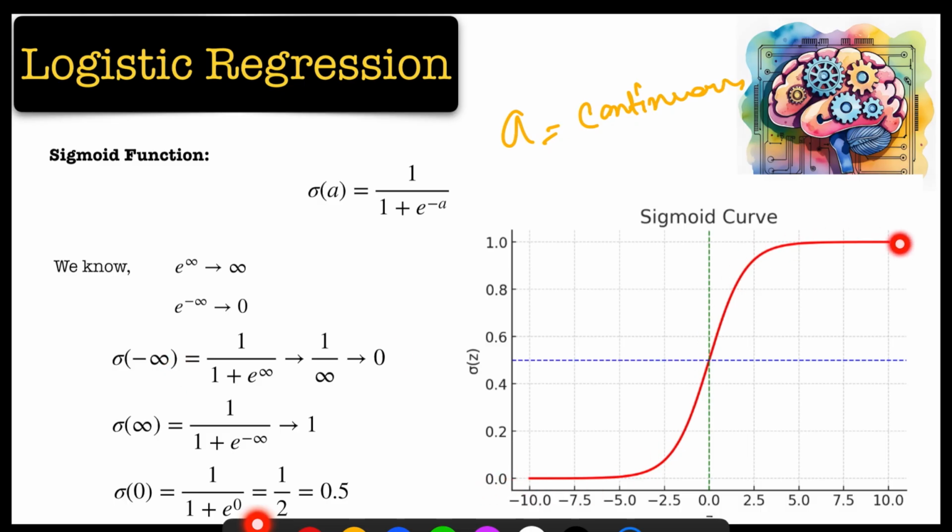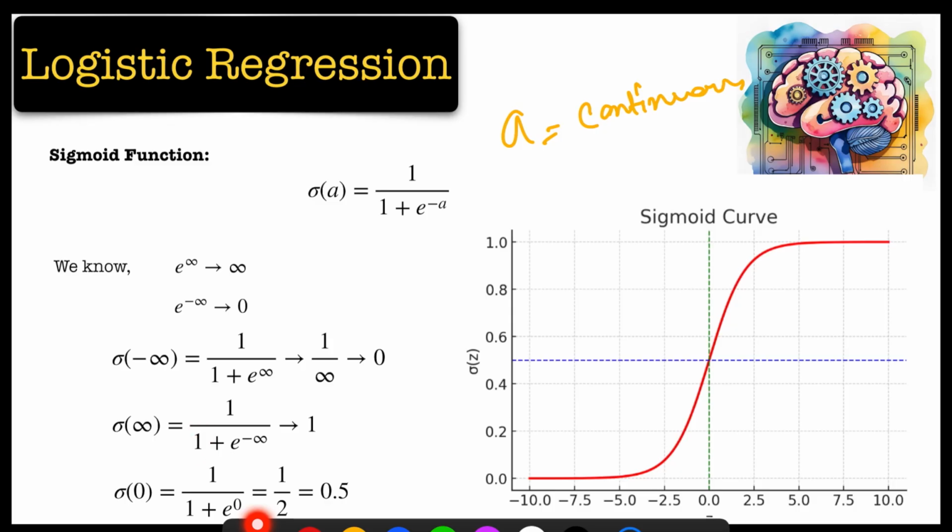You see the curve here? This is the sigmoid curve. So sigmoid of minus infinity will be 0. What is sigmoid of infinity? That will be 1 over 1 plus e raised to the power minus infinity, right? E raised to the power minus infinity tends to 0, right?